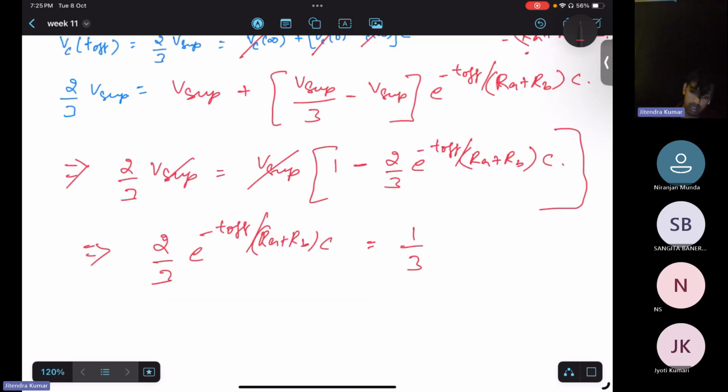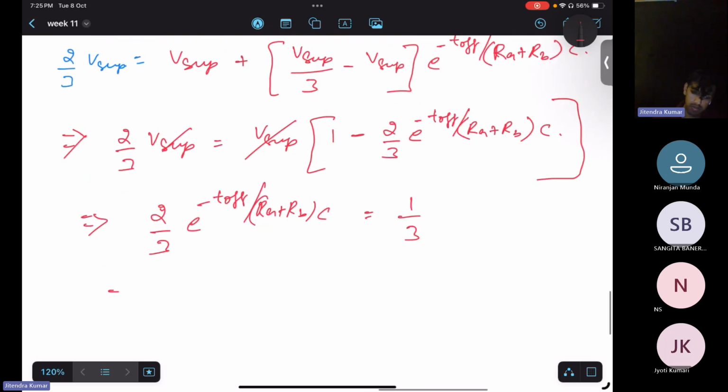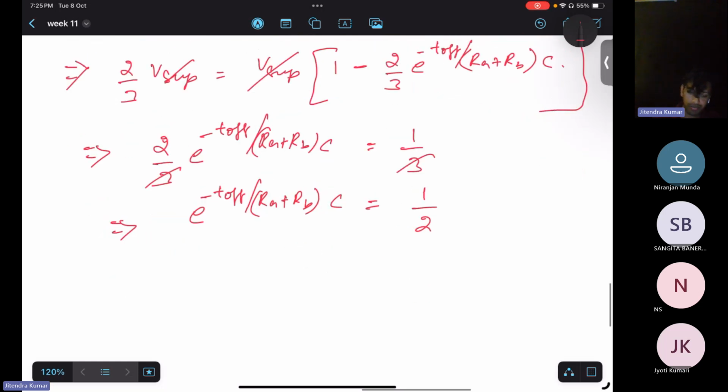So this 3 and 3 will be cancelled out. So e raised to power minus T of divided by Ra plus Rb into C is equal to 1 by 2.